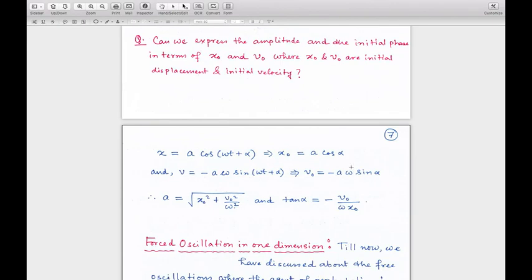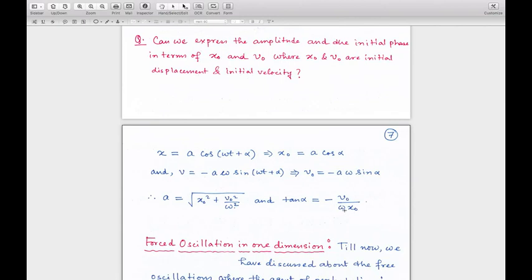Then by squaring and adding appropriately, using the formula cos squared alpha plus sin squared alpha is equal to 1, you will have a is equal to root over x0 squared plus v0 squared by omega squared, and tan alpha will be equal to minus v0 by omega x0.